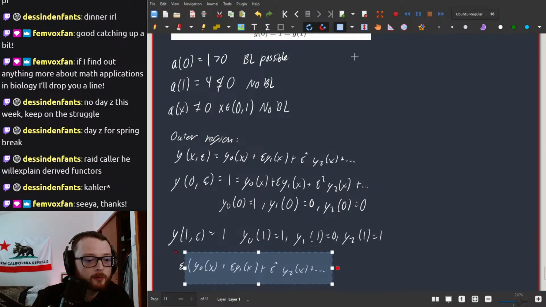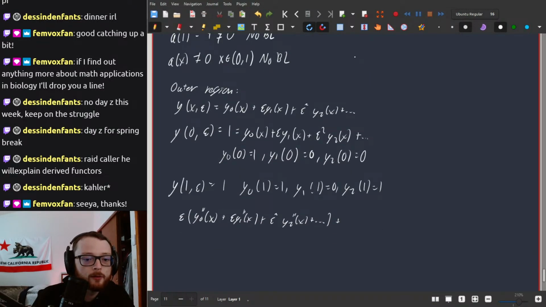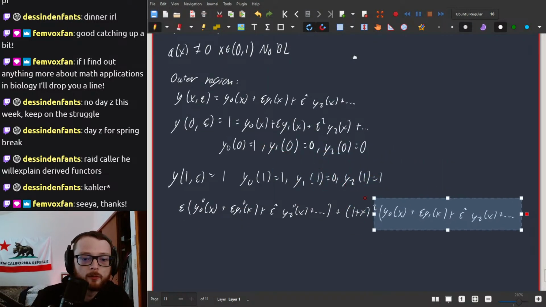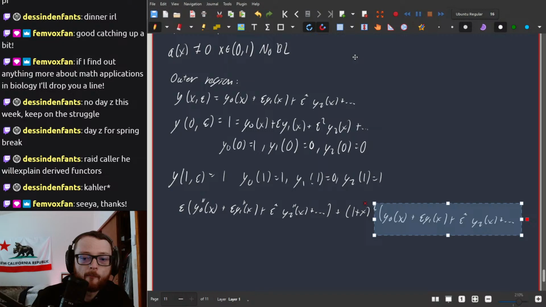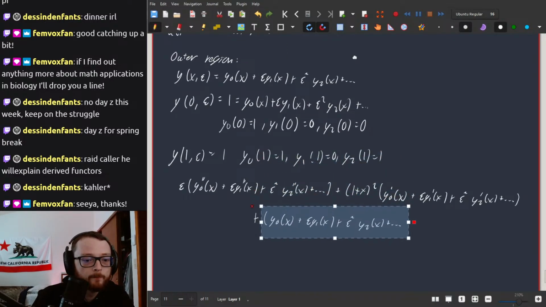So we get epsilon times y double prime plus (1 plus x) squared times y prime plus y of x equals 0.